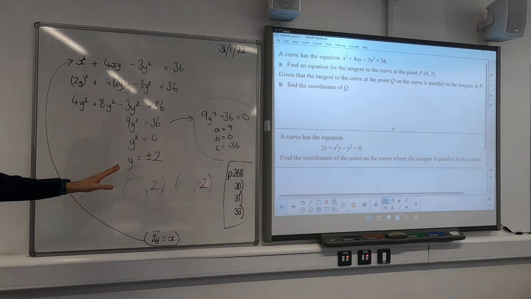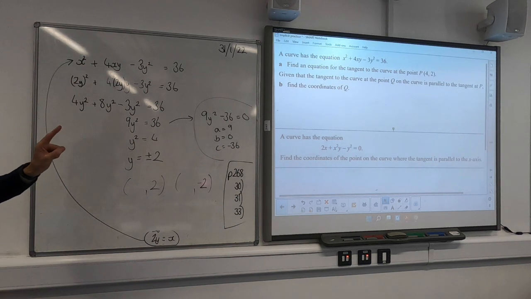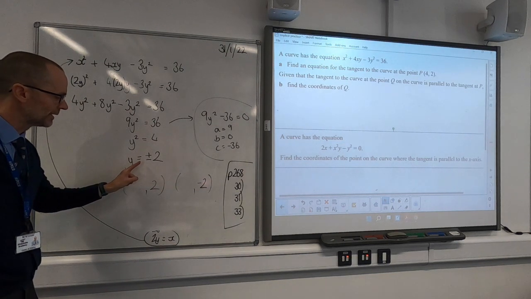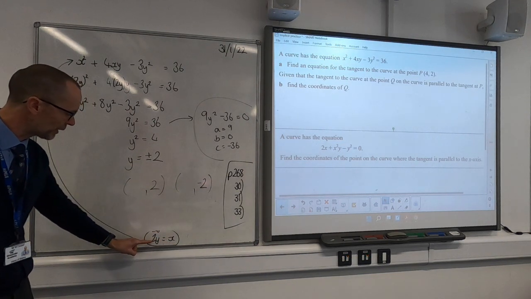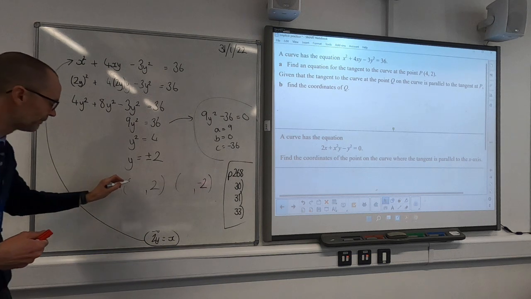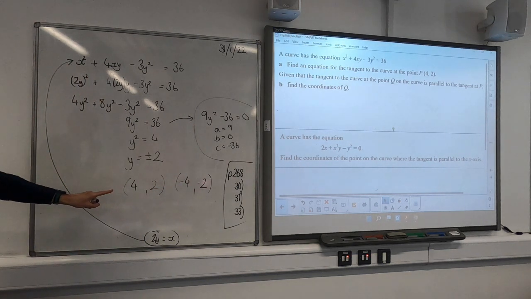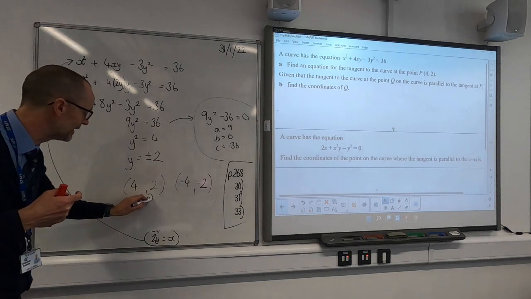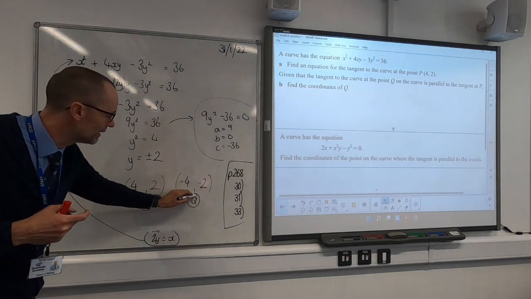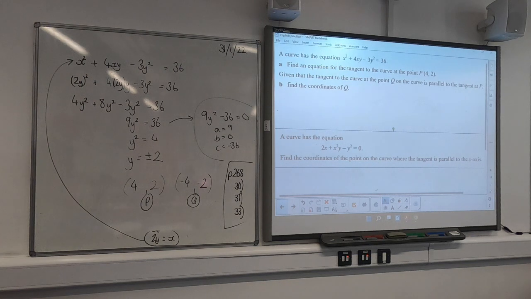I was a bit worried, I was thinking, hang on a minute, I'm looking for a point and I've got two y values and x is equal to 2y. So I was a bit worried, but of course we already know about that one. That point we've already been told, that's P, so the coordinate we're after, Q, must be -4, -2.